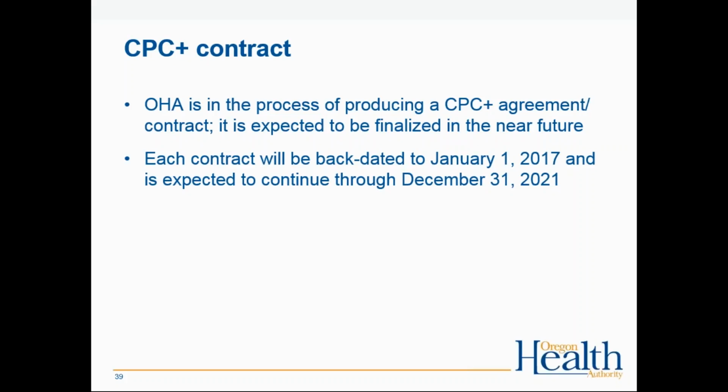It will really memorialize much of what we talked about today regarding the payment methodology and the requirements within the state CPC Plus program, and also the broader national requirements through the Centers for Medicare and Medicaid Innovation. We do expect to finalize that contract and send it out within 2 months.